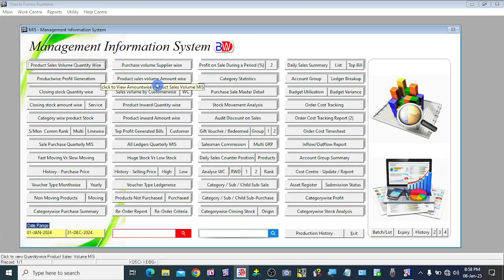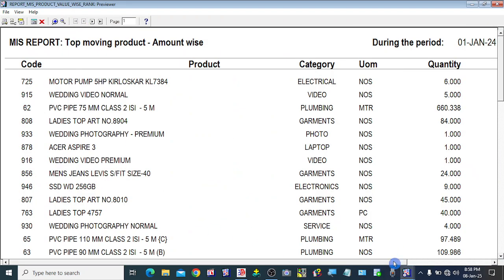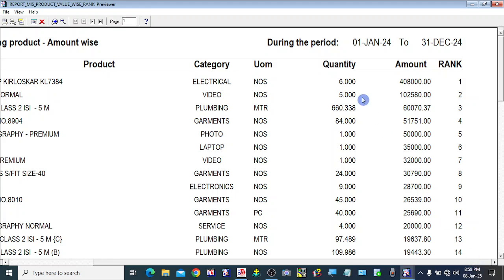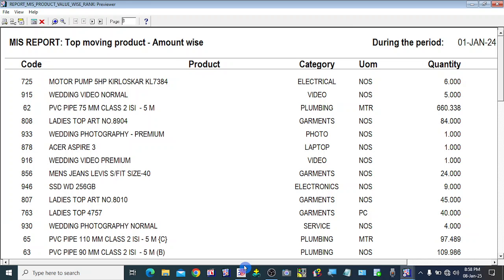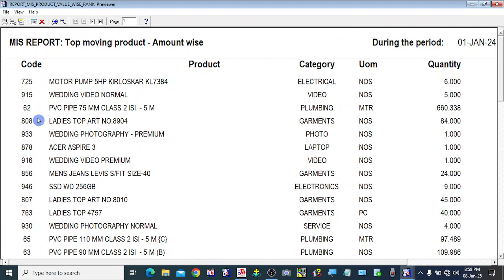By clicking this product sales volume amount wise, here we can see the amount wise top selling product is motor pump 5 HP Kirloskar. We have sold 6 quantity or 6 numbers of this motor, and the total sales amount during this period is 4,08,000. So amount wise, the top selling product during the date range is motor pump 5 HP Kirloskar.